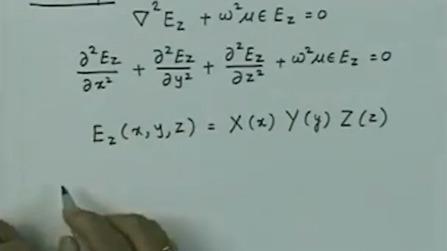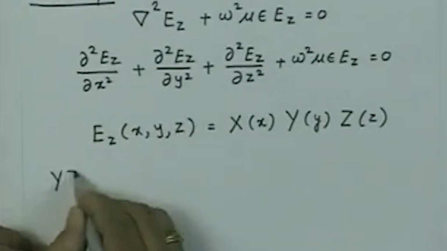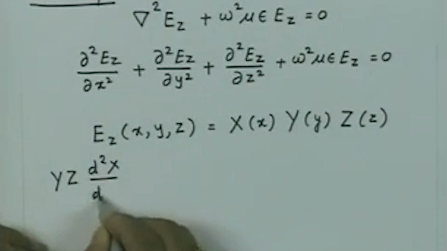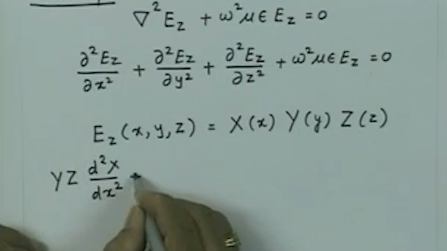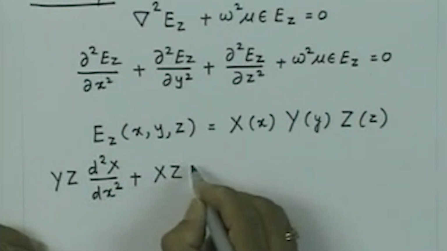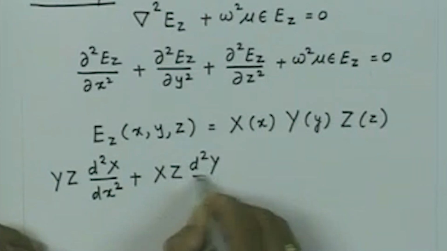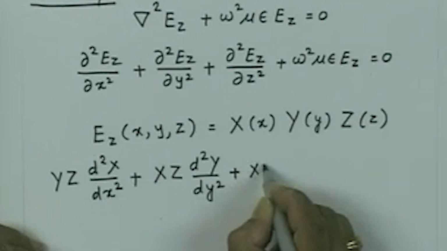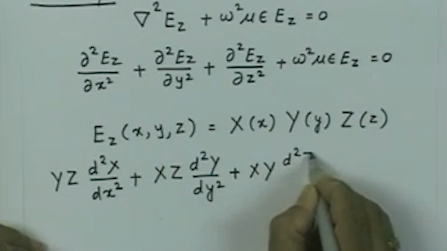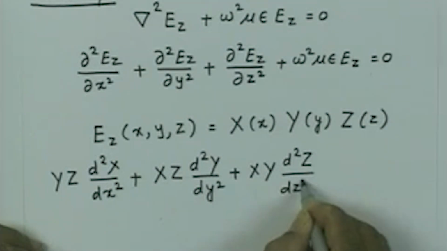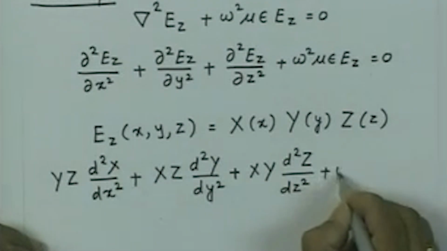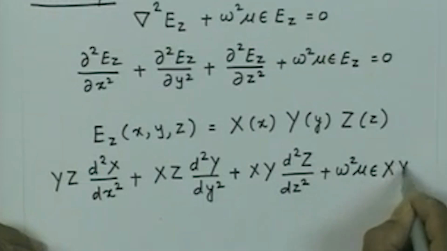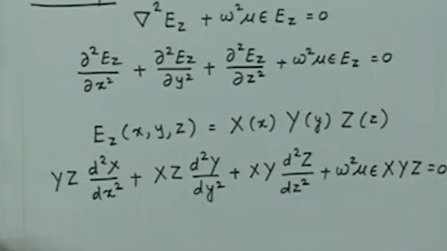If I substitute into this, I get y z d2x by dx square plus x z d2y by dy square plus x y d2z by dz square plus omega square mu epsilon x y z, that is equal to 0.